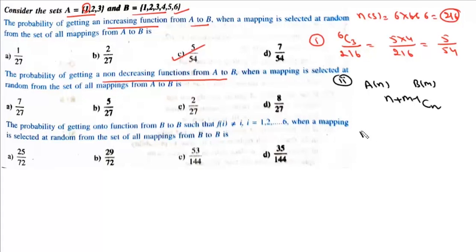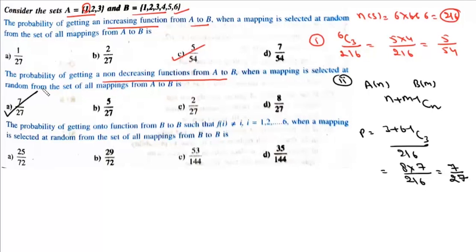So in this case, the probability will be simply 3 plus 6 minus 1 C3 divided by 216. Now this is 8C3, which is 8 into 7 divided by 216. Now this is 7 by 27, and that's your option A.